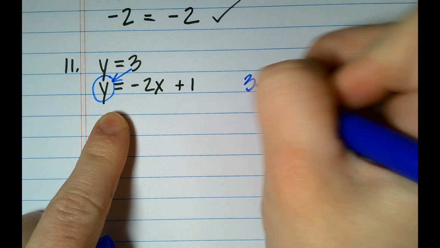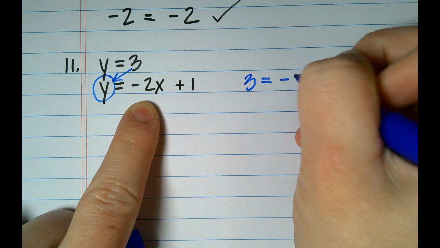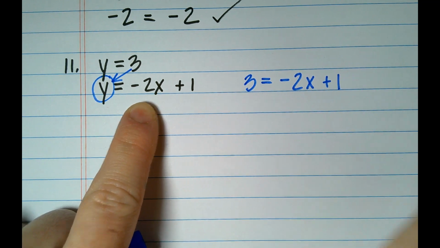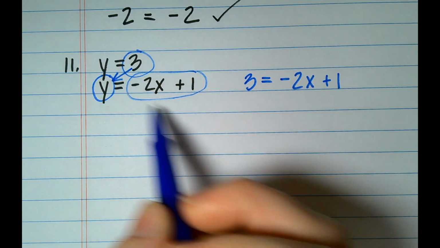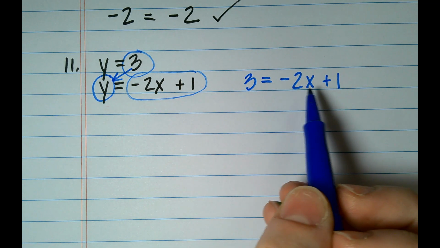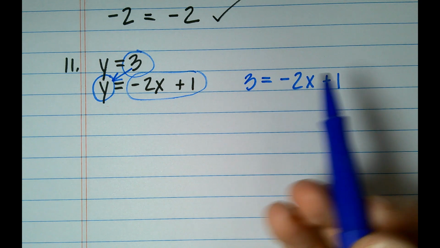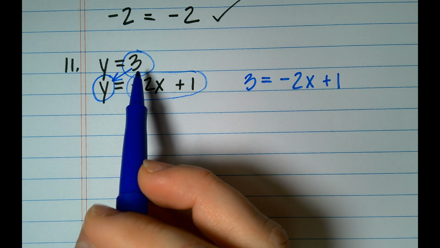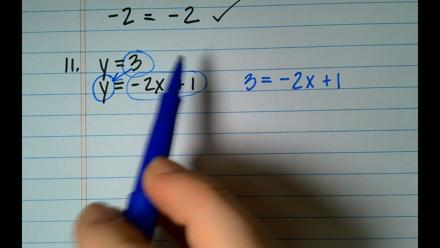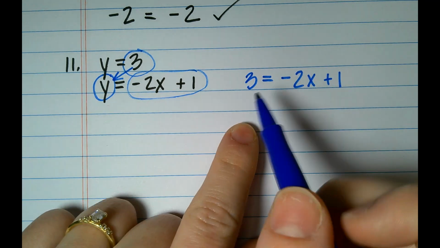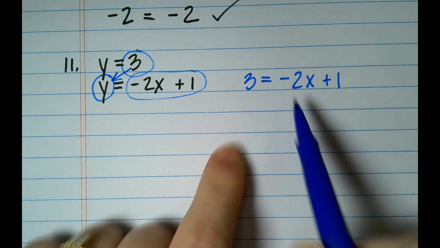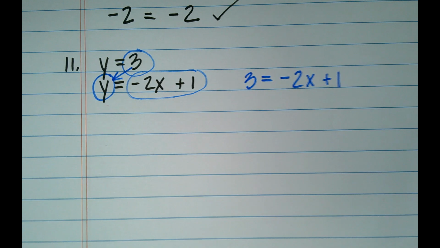So we're going to write 3 equals negative 2x plus 1. I'm still putting the second half of my equations equal to each other. It's exactly the same thing. It's just now one of my equations just has the answer, 3. So now I have 3 equals negative 2x plus 1.